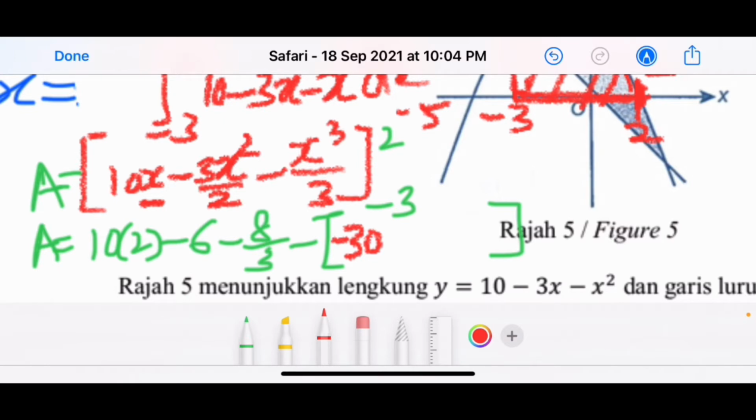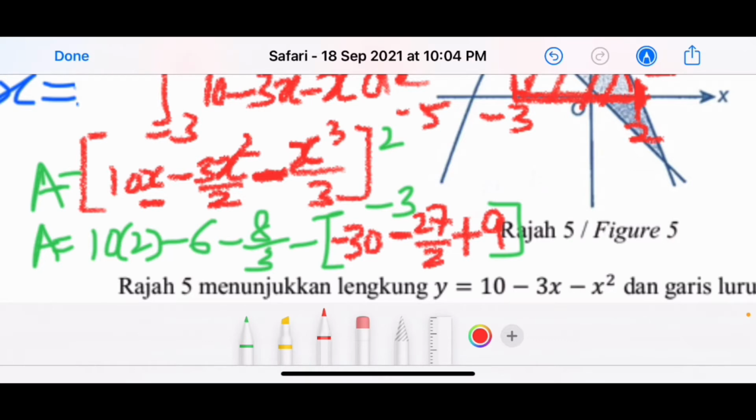This one is square, so it will be positive 9 minus 20, still minus 27 over 2. This one, okay, we have to be very careful. It's a minus, and here is negative 3 cubed, so it's negative 9, so it will be plus 9.